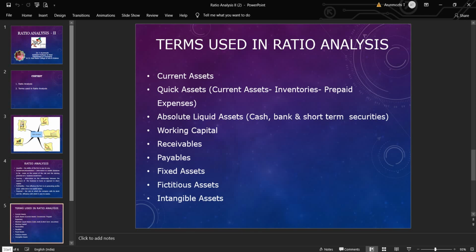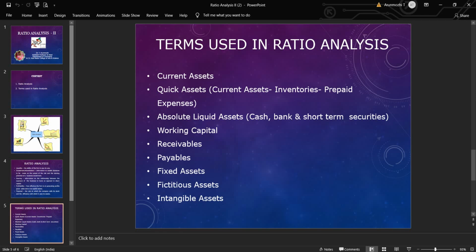Now we move on to the term fixed assets. Those are assets which are purchased for long-term use and are not likely to be converted quickly into cash, such as land, buildings, and equipment. Fictitious assets are the assets which have no tangible existence but are represented as actual cash expenditure.